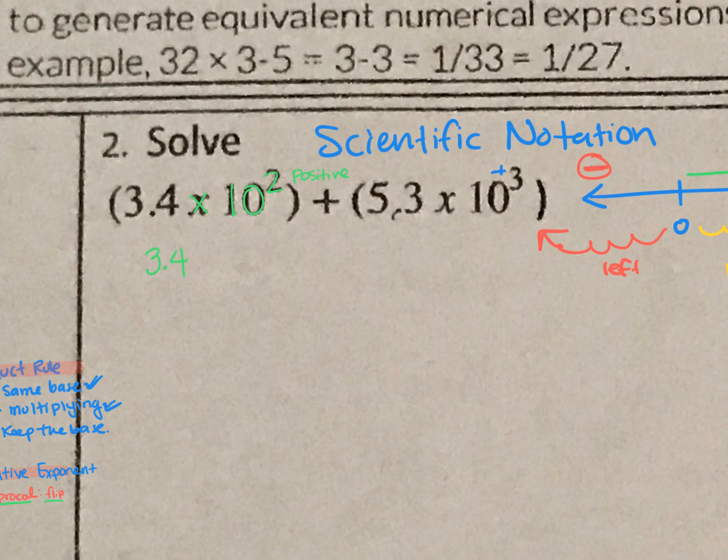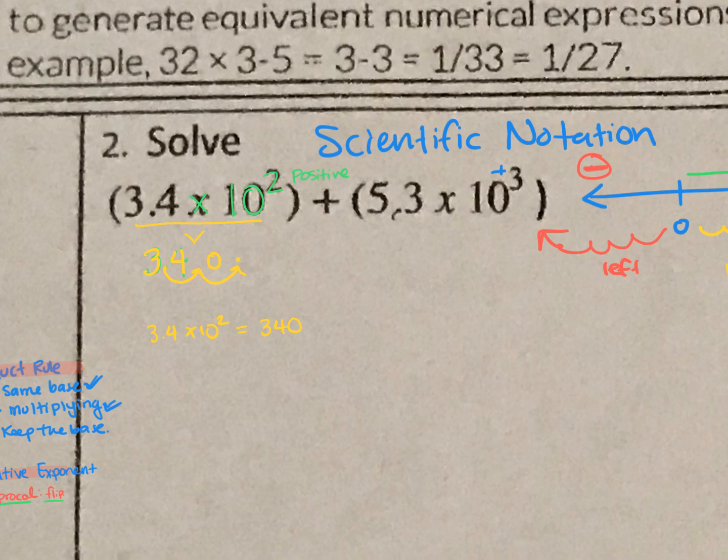So you're going to take your decimal, and you're going to go 1 placeholder, 2 tens value. So drop your decimal, and so what number do you have now? 340. So this number is this big number.